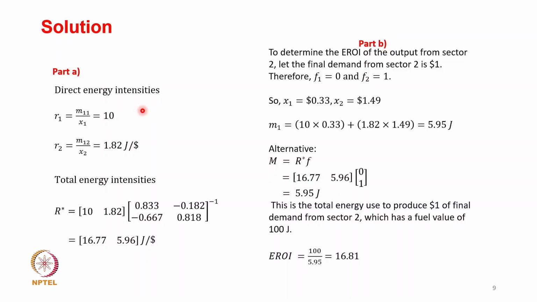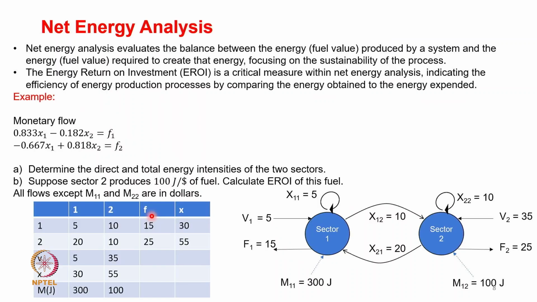So the direct energy intensities we compute as R1, which is m1 divided by x1, which is of course 10, and R2, which is m2 divided by x2, which is 1.82. The total energy intensity requires the calculation of R star, which is R1 and R2 multiplied by the inverse of the matrix coming from your equations.